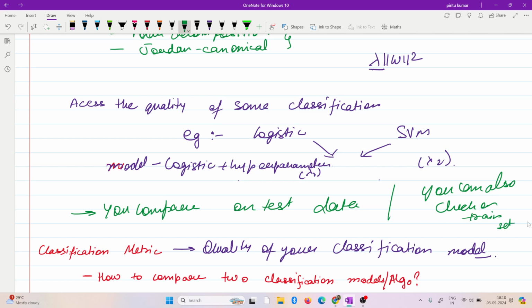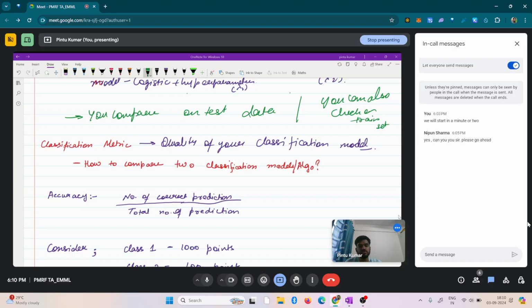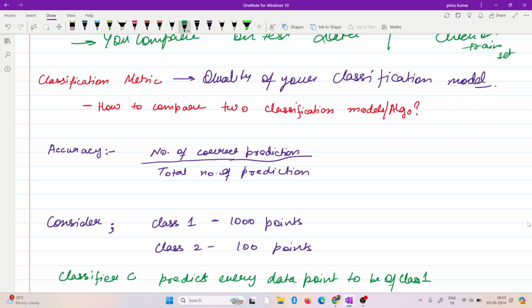If you have some need, you can evaluate these things on the train data set also. So this is indifferent to the kind of data you want to evaluate on, but you generally do it on test data. Okay. So let's talk about the most common classification metric, that is called accuracy.